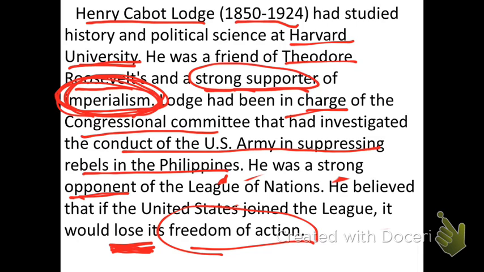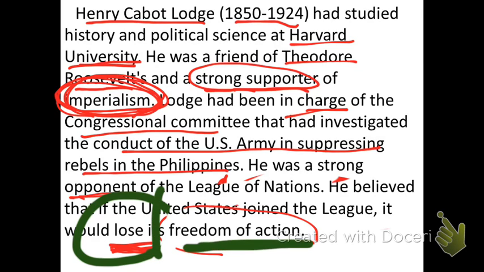And that's kind of what Henry Cabot Lodge and many of the Republicans in the Senate at the time felt would be a problem. We would lose our freedom of action. The Constitution would become secondary to the actions of the United Nations, or in this case, the League of Nations.